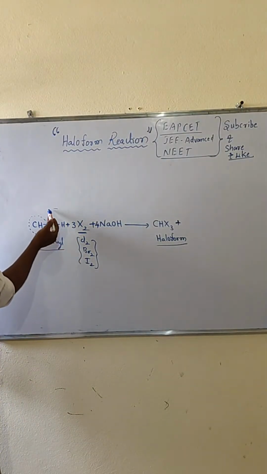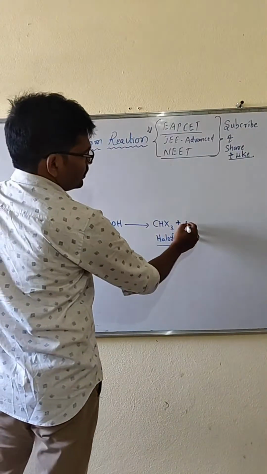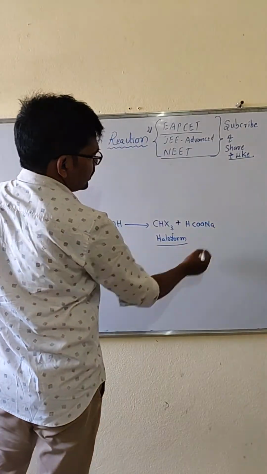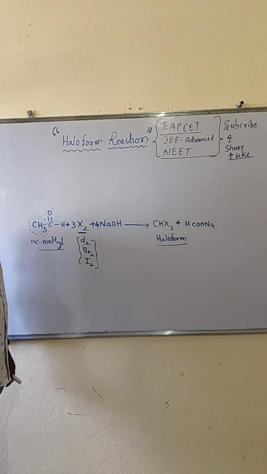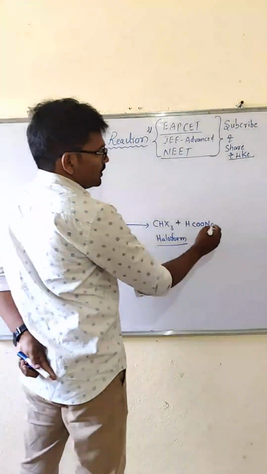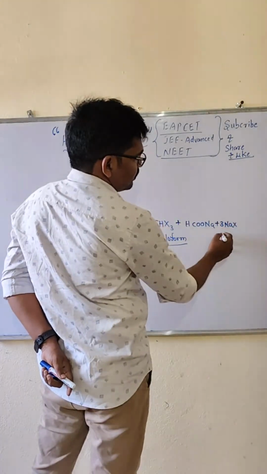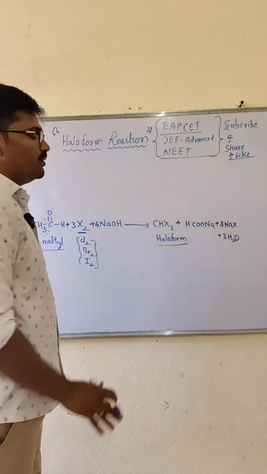The remaining part of the carbonyl group is converted into the sodium salt, HCOONa, the sodium salt of the carboxylic acid, plus 3 moles of NaX and 3 moles of H2O will be formed. So this is the haloform reaction.